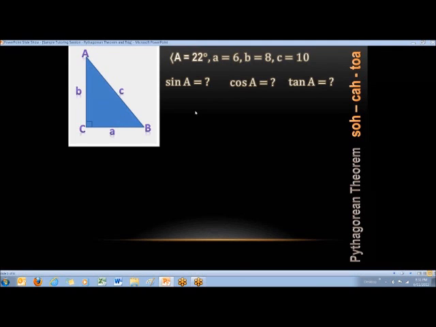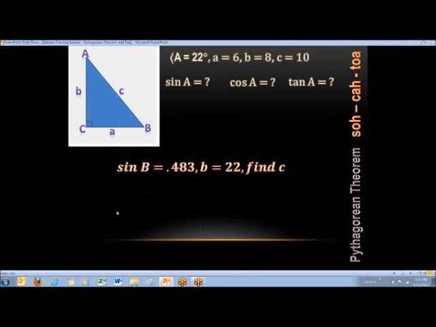Exactly. How about the tangent? 6 over 8. You can use your calculator. 0.75. Yep.